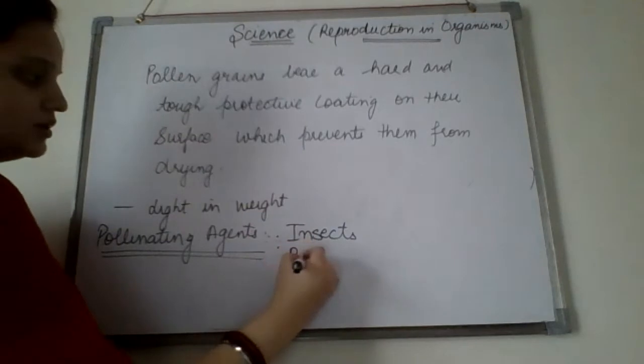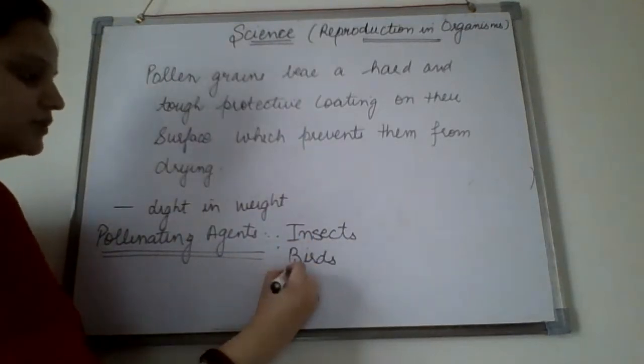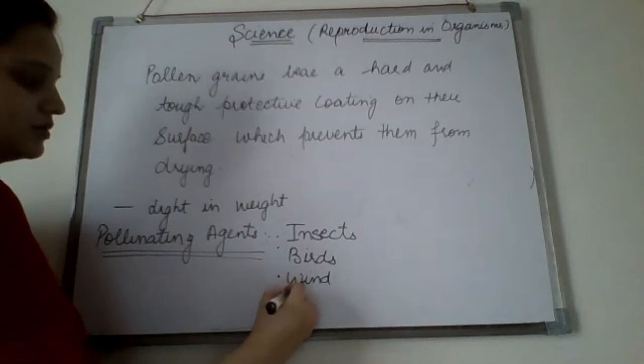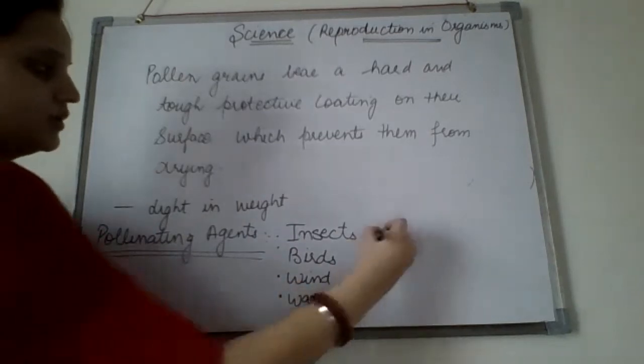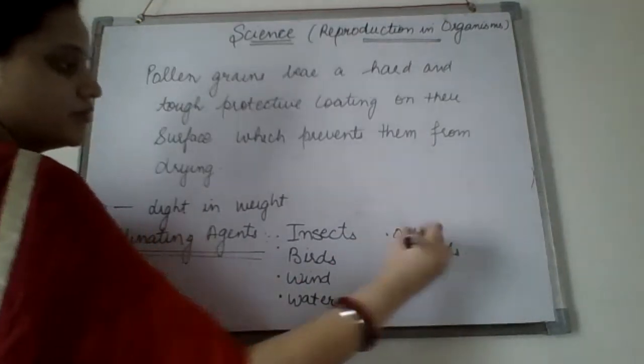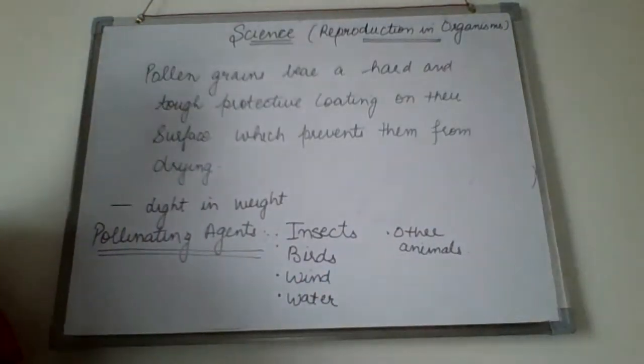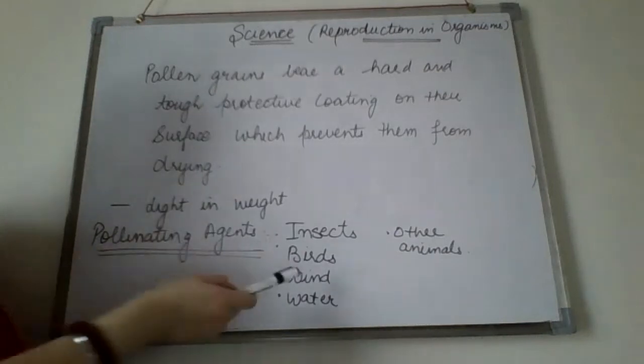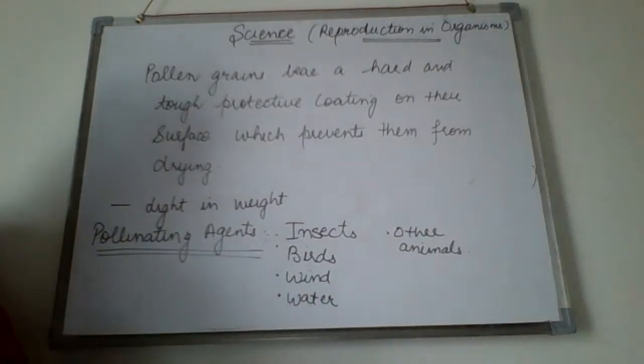Some birds, similarly, by wind, by water, and by some other animals. For insects, birds and animals, pollen grains might stick to their skins, so they can be transferred. And also with the wind and the water. Water flows from one place to another. Similarly for the wind, because pollen grains are very light in weight, they can be easily transferred.